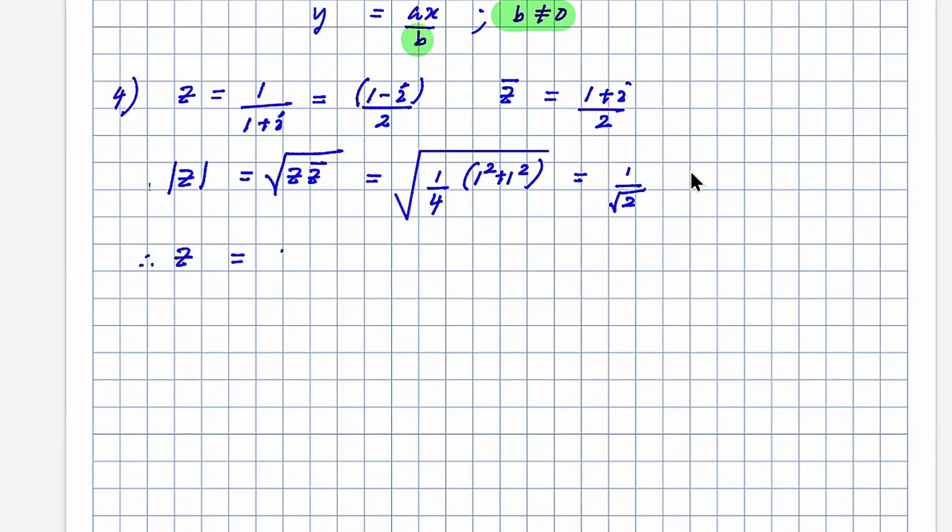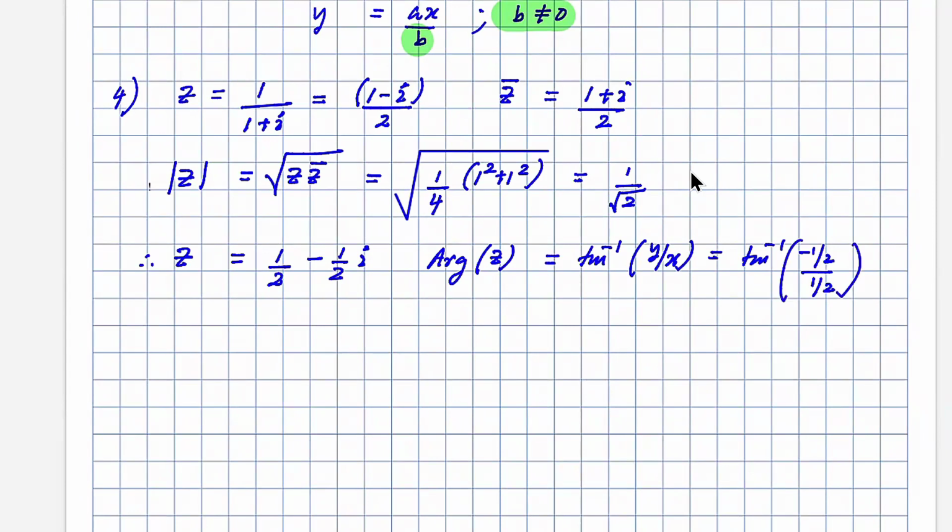Now we know that z is going to be 1 divided by 2 minus half i. So arg of z is going to be what, guys? You have to understand this is nothing but tan inverse y divided by x, and that is tan inverse of minus half divided by half. So it's going to be tan inverse minus 1.